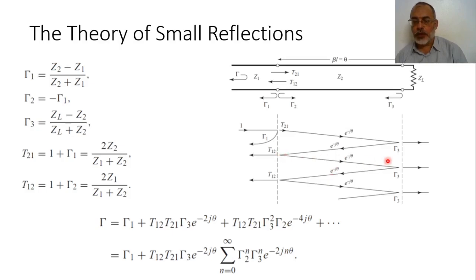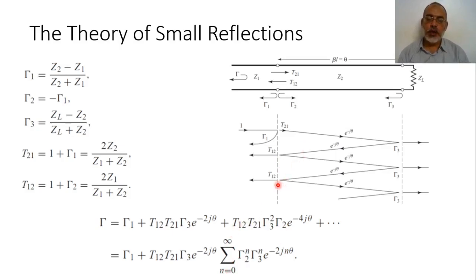So the first one is gamma 2 gamma 3, the second one is gamma 2 squared gamma 3 squared, and in general it is gamma 2 to the power n multiplied by gamma 3 to the power n multiplied by e to the power minus j2n theta, where n is from 0 to infinity.